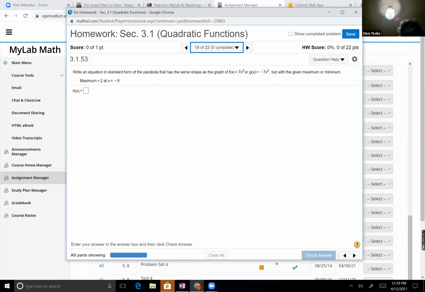And do you notice that for both of those two, the absolute value of that coefficient is 7. So our equation is going to have a 7 in it, but it's going to have the following number as a maximum. Okay, so that tells me that the turning point, or the vertex, is going to be where x is negative 9, y will be 2.